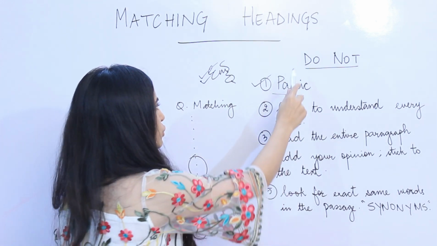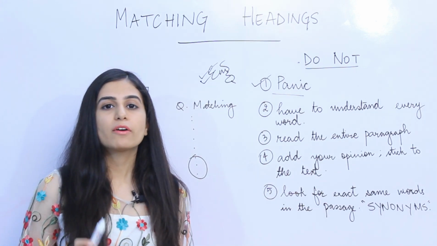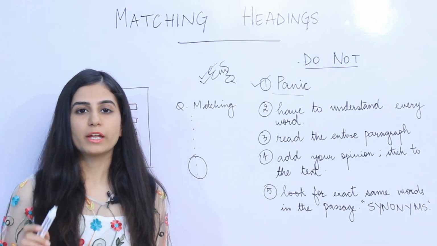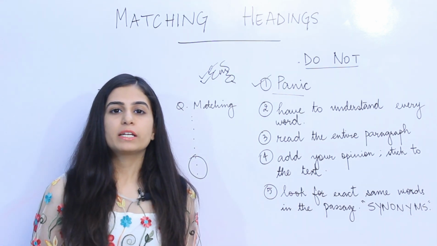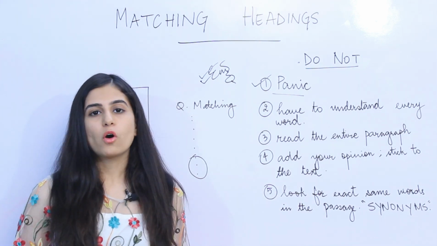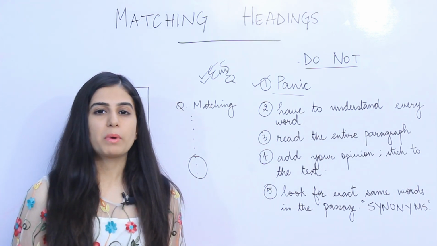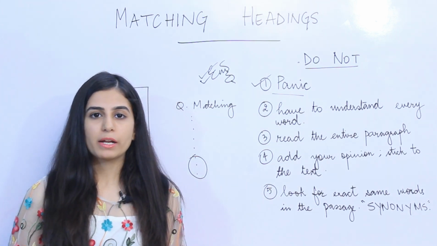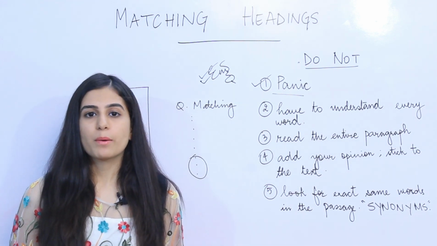Number 2, you do not have to understand every word. Yes, you do not have to understand every word in your passage. You can skip 1 or 2 words. Even native speakers would not understand each and every word of your reading test. There can be a certain word in each of the passages or each of the paragraphs which you are not really aware of, or you haven't really heard of before.